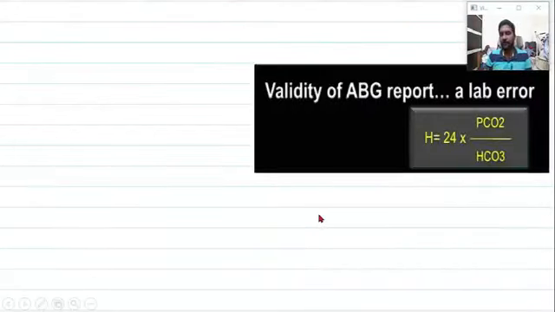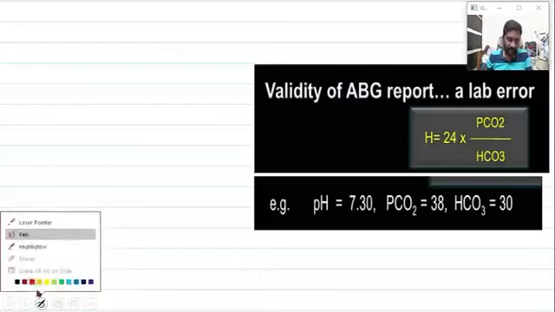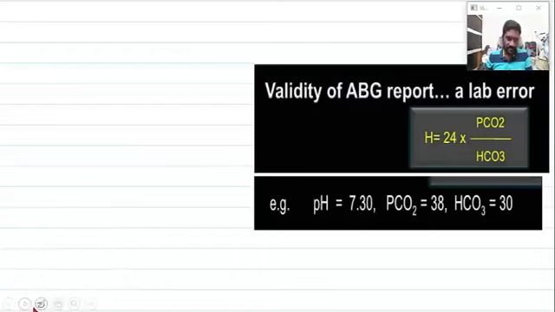Let us discuss extra edge in acid-base balance. First topic, validity of the ABG report. Is there a lab error? Is there a machine error that you should know? Sometimes you can find ABGs like this, which are inconsistent, and even clinical correlation may not be seen.